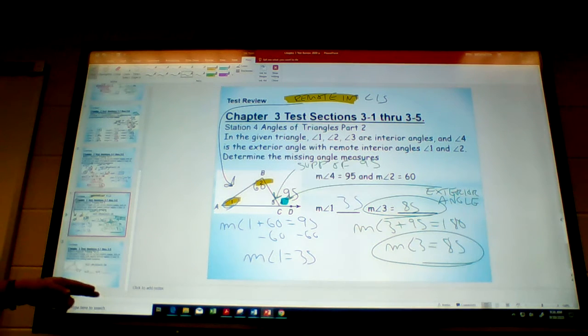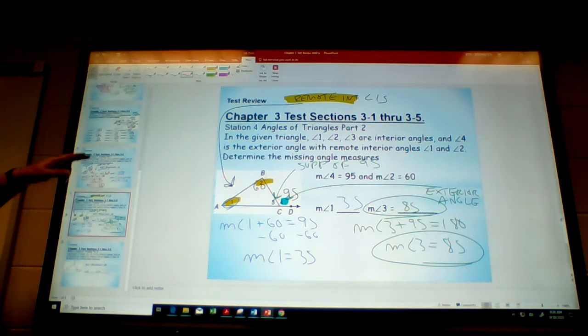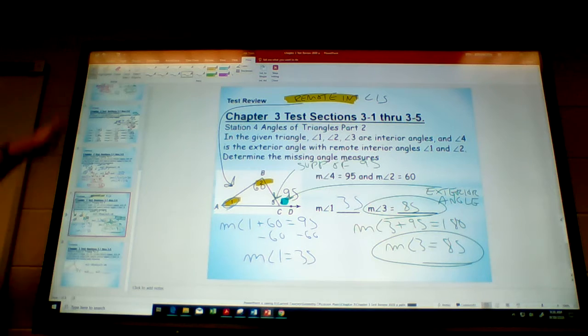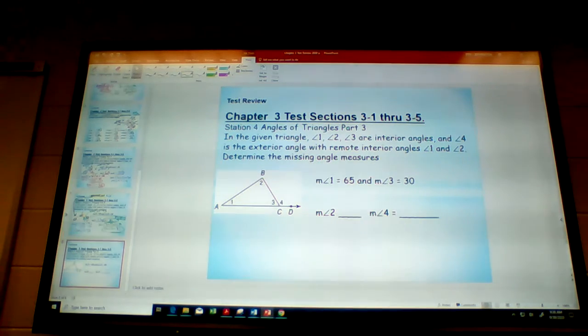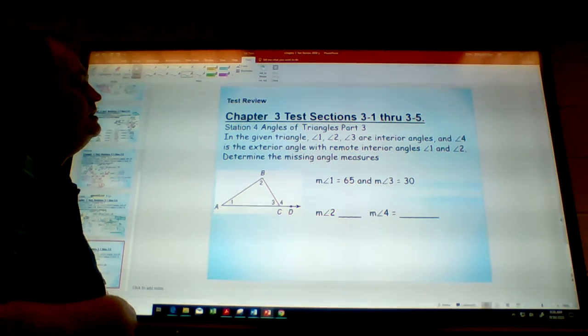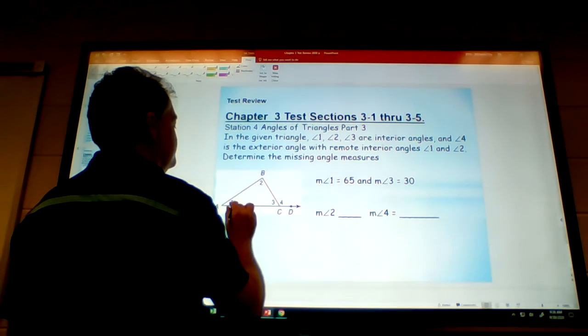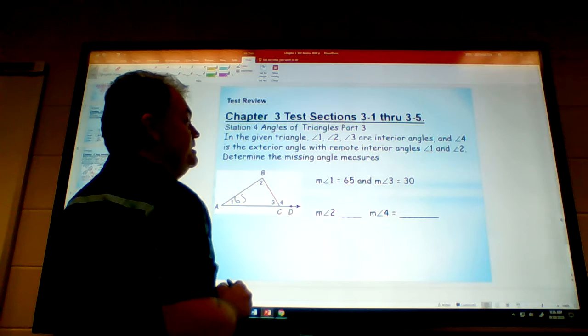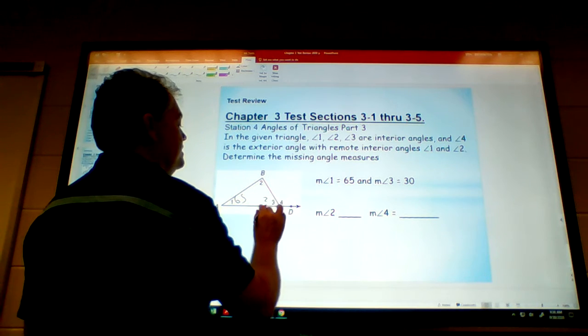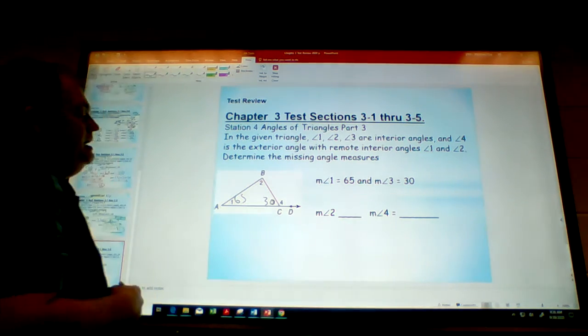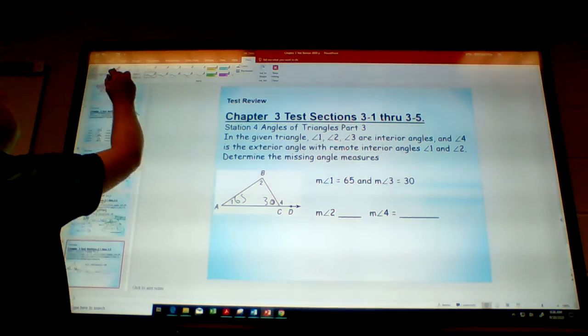All right, got one more for you, and then you can look over this on your own. Okay, now here's what we know. We know that angle 1 has a measure of 65 degrees, and that angle 3 has a measure of 30 degrees. Okay, so let me rewrite that.